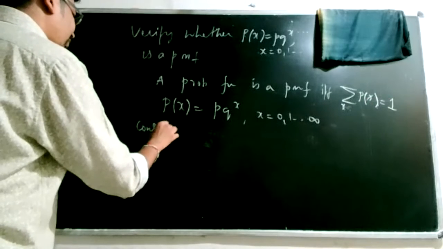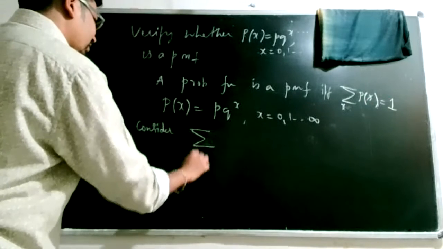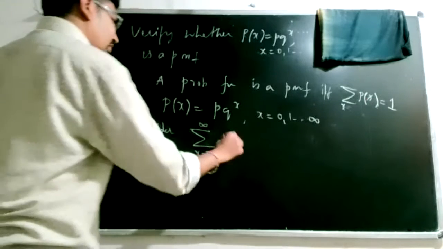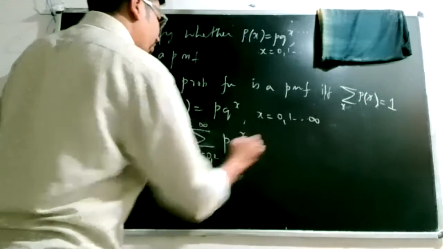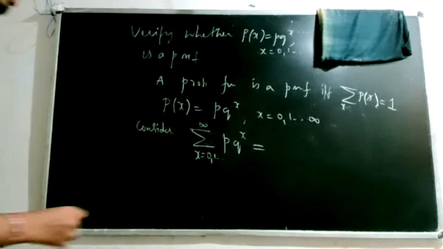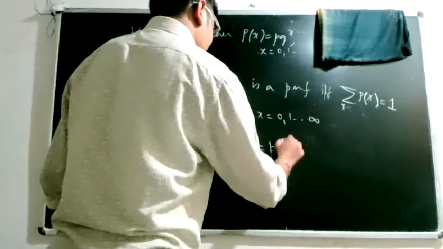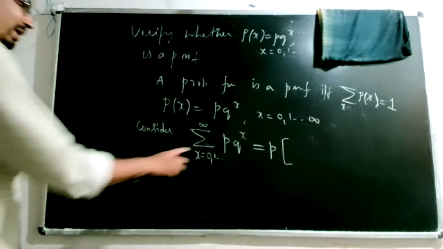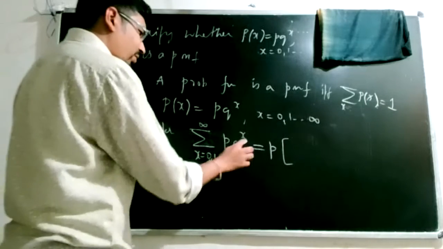Now consider the sum over all values of x and see whether it produces 1. Now p is a constant because it is independent of the term x, so I can take it outside.